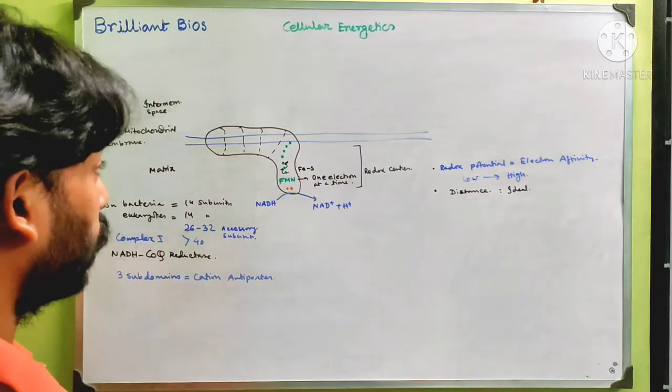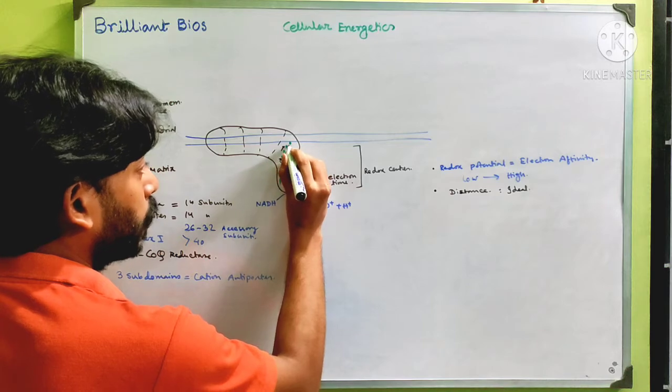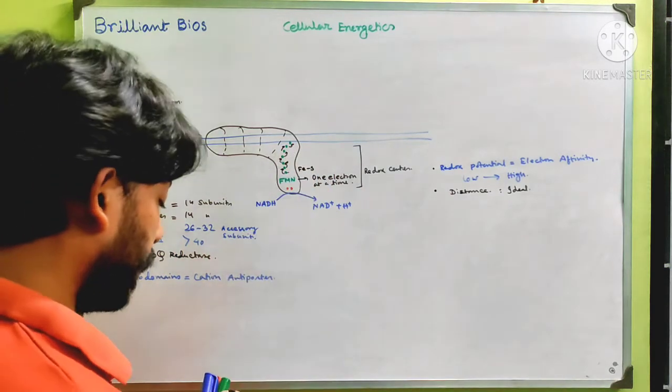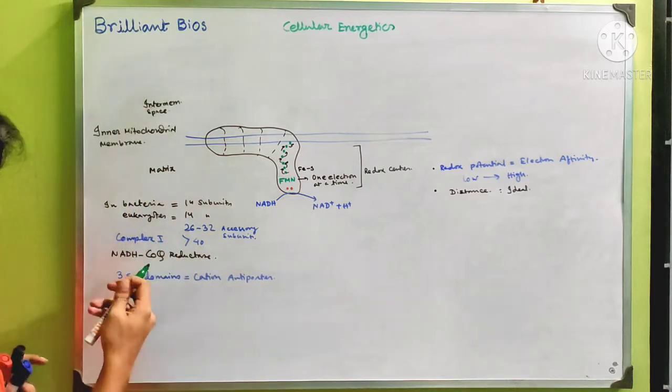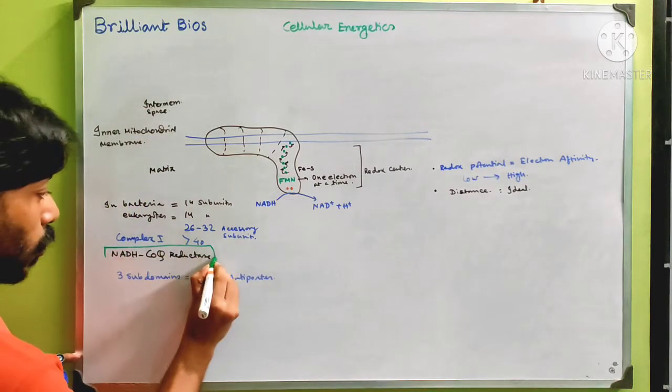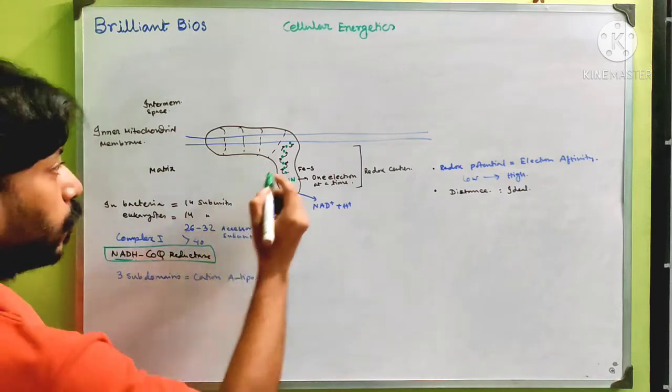So electrons jump from one center to another center, and in this way they reach the ultimate electron acceptor in complex 1, which is called CoQ. The name NADH-CoQ reductase means that NADH gets oxidized and CoQ gets reduced.